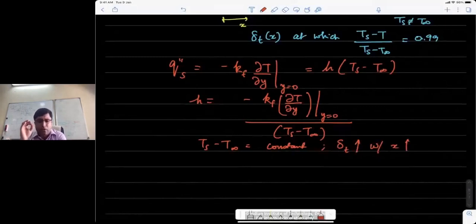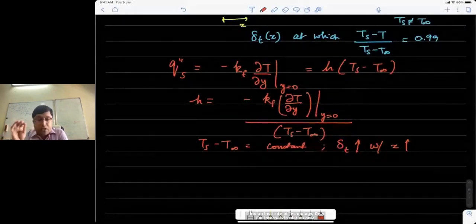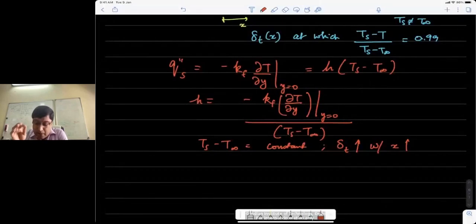And why does it grow? Somebody may say, how do I even believe this, that it will grow? So let me say it now, but we will prove it later. The momentum diffusivity, which is nu, the kinematic viscosity: what the kinematic viscosity is to the velocity boundary layer, the thermal diffusivity is the same thing to the thermal boundary layer. In fact, nu and alpha, remember we introduced this parameter alpha, which was k by rho Cp, is also called the thermal diffusivity.